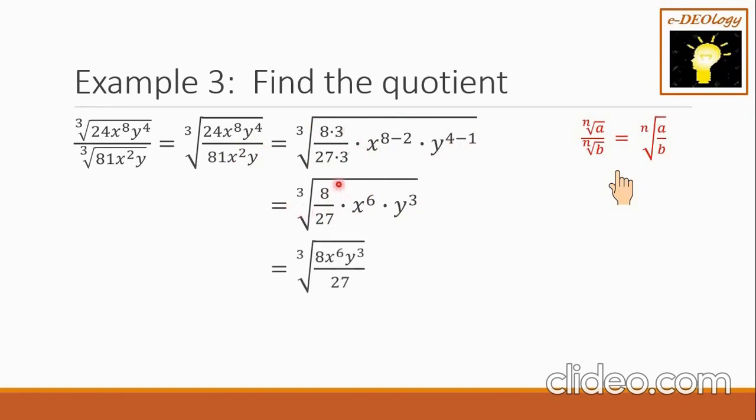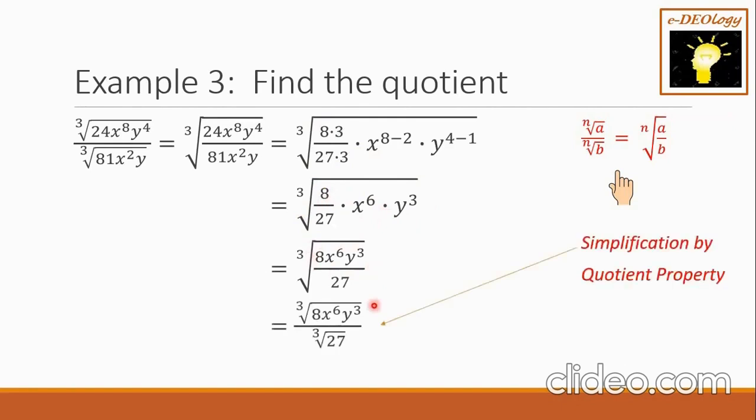The next is we're going to group together this 8x to the 6th and the y cube. Put them all in the numerator. The next step is we're now going to simplify by quotient property. It means we're going to distribute this radical sign, the cube root, into the numerator and in the denominator.